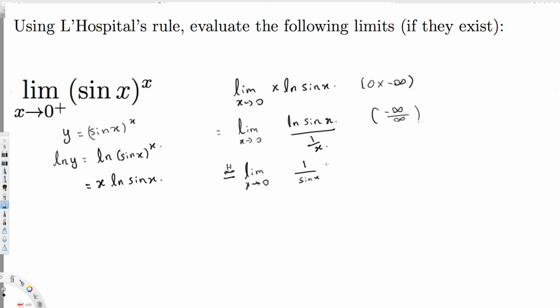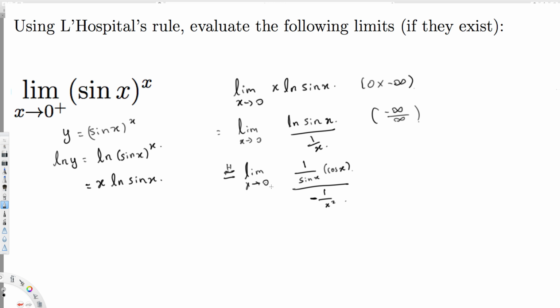The derivative of 1 over x is minus 1 x to the power minus 2, which I can write as minus 1 over x squared.